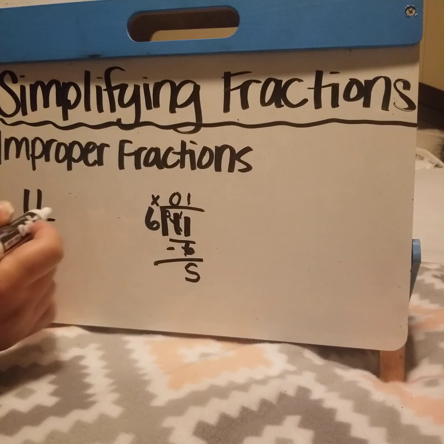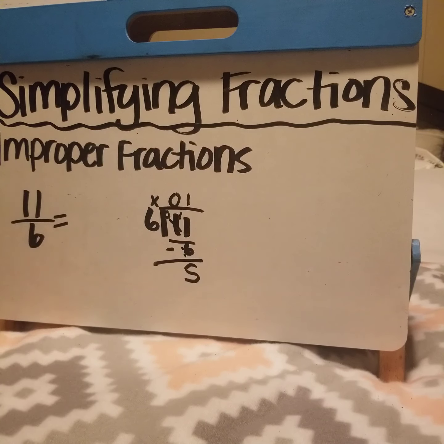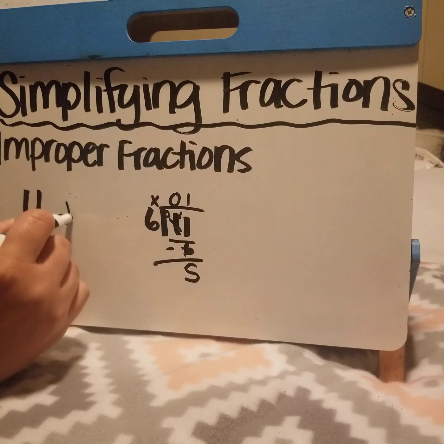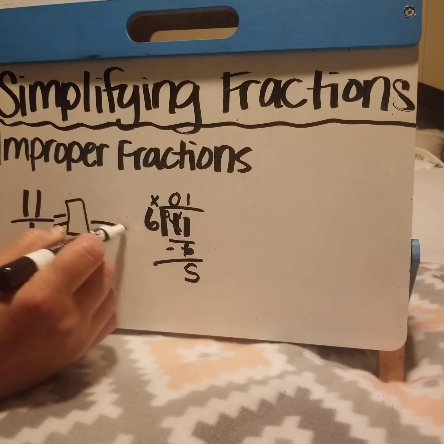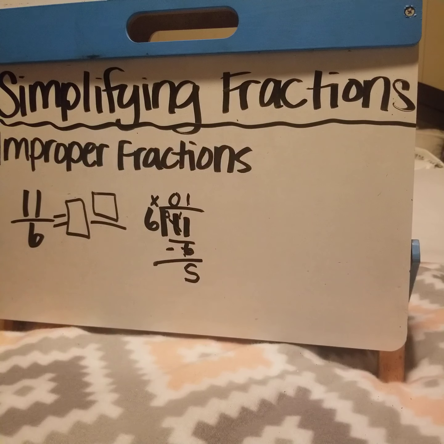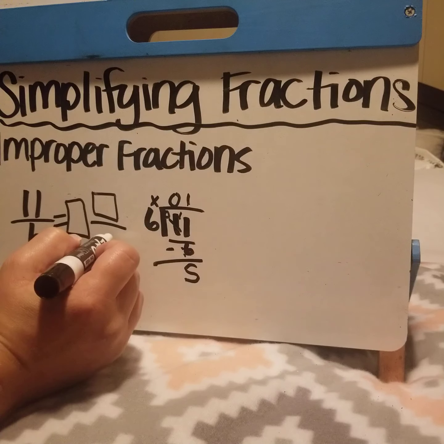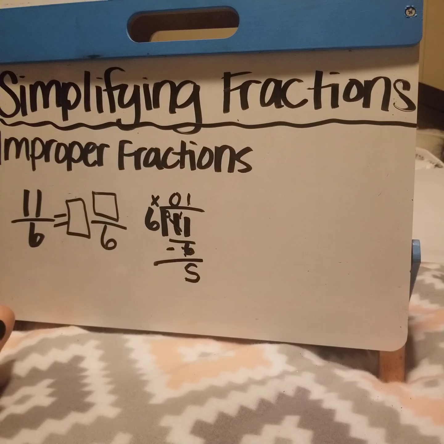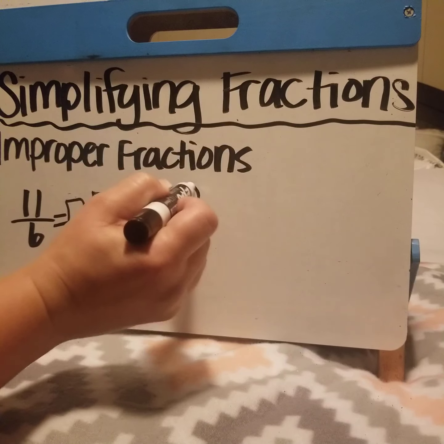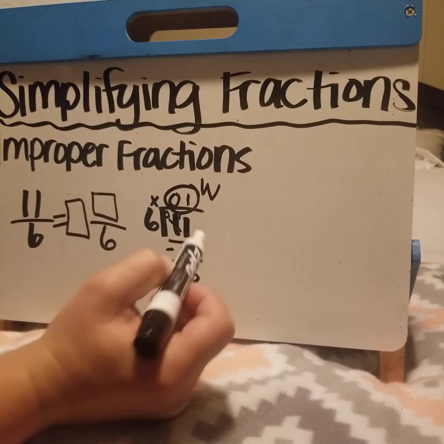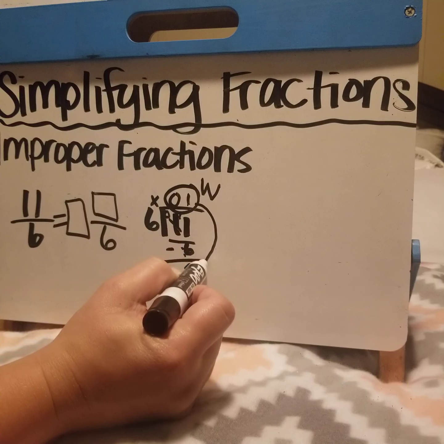So we're going to take this improper fraction, and the way we're going to simplify it is to put it as a mixed number. So we need to know how many wholes we took out, what our numerator will be, which is how many parts are left over, and our denominator will stay the same. Here at the top, this is my whole. Then we go down, and the remainder is no longer a remainder.